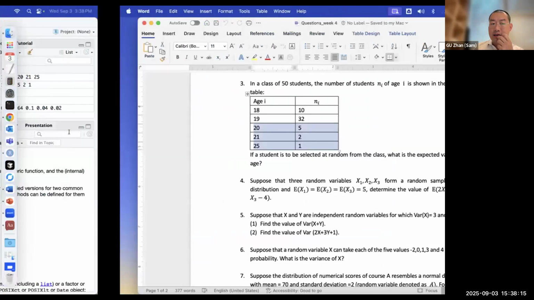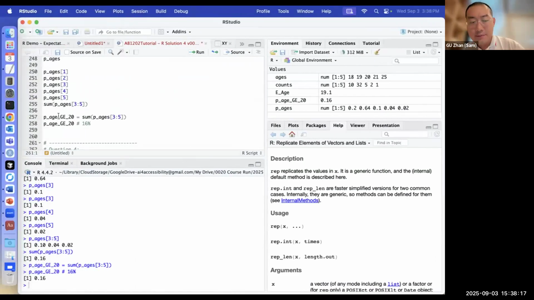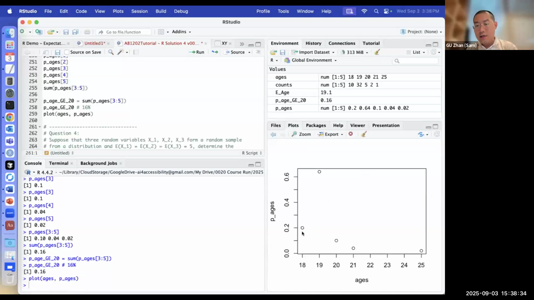So what you are obtaining here is a probability mass function. You can plot H, then P underscore H. Seeing 18, the probability 19, 20, 21, then you don't have 23, 24, 25 for one occurrence. So that's the probability mass function, right?